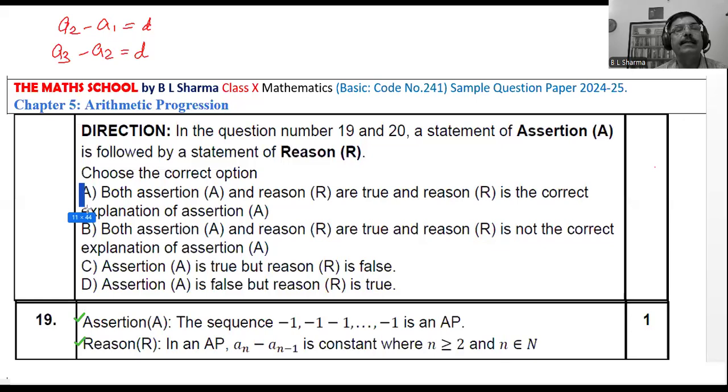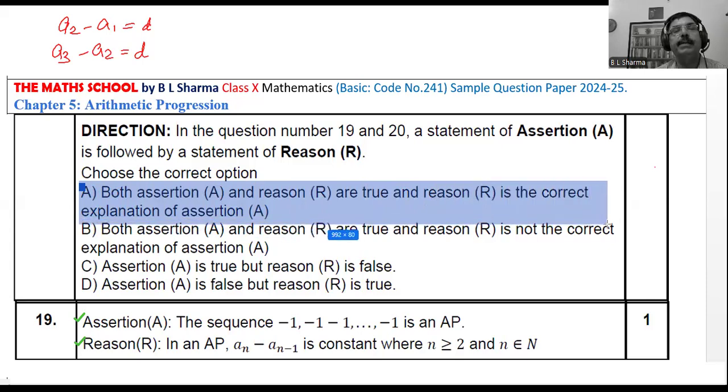A is that both assertion and reason are true and R is the correct explanation of A. क्योंकि ये जो ए है assertion है वो रीजन की वजह से आया है. रीजन ये कहता है कि अगर दो कंसेक्यूटिव टर्म्स है उनका डिफरेंस सेम होना चाहिए, कांस्टेंट होना चाहिए. यहाँ पे दो कंसेक्यूटिव टर्म्स है, इनका डिफरेंस 0 है. That is why A is the correct option.